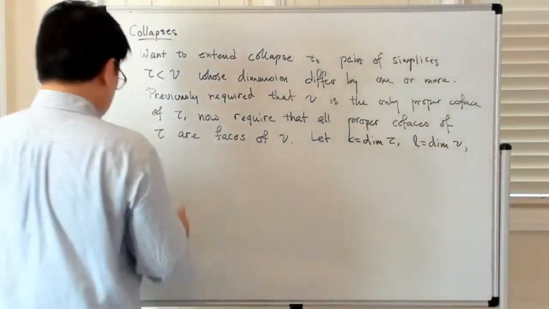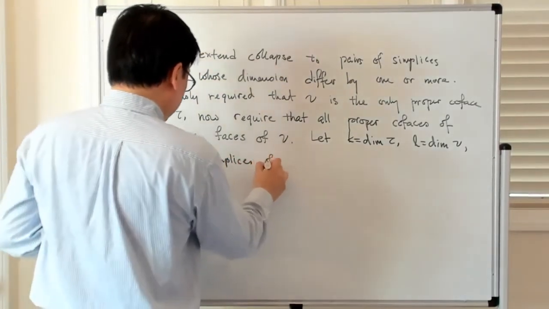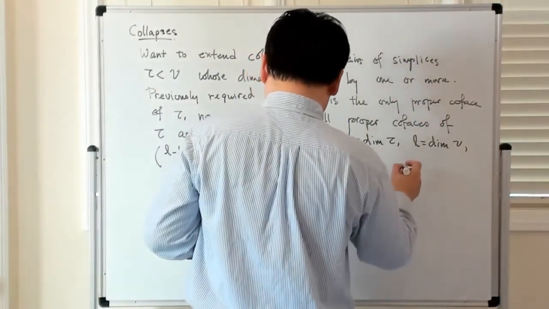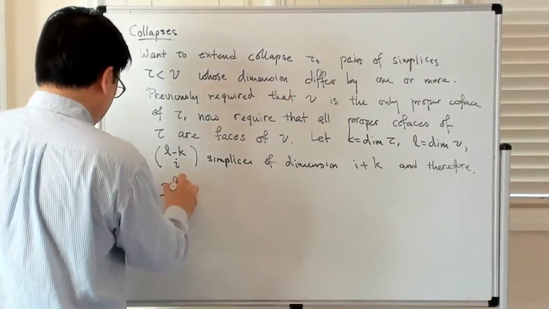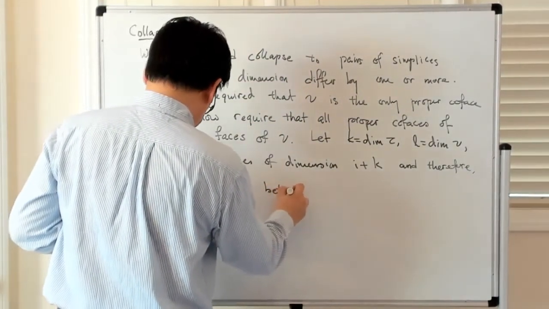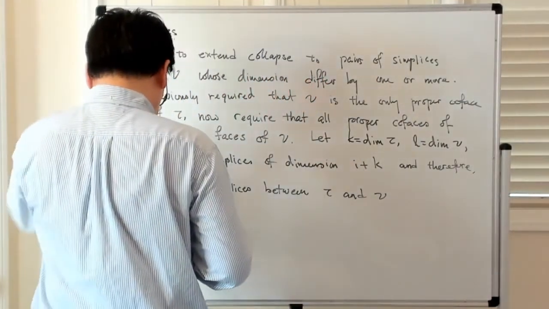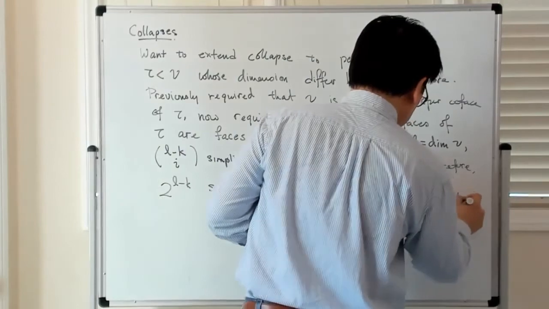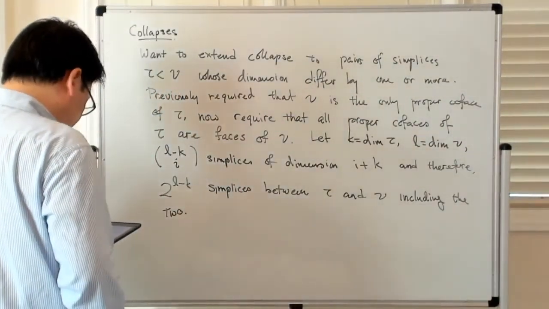Then you get L minus k choose i simplices of dimension i plus k, and therefore there are 2 to the L minus k simplices between tau and nu, including the two you started with. So basically you need 2 to the L minus k minus 1 elementary collapses.